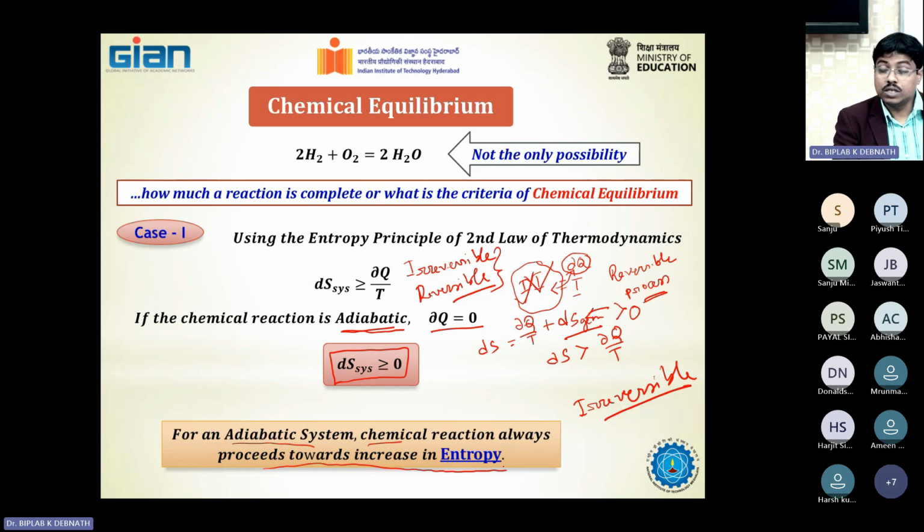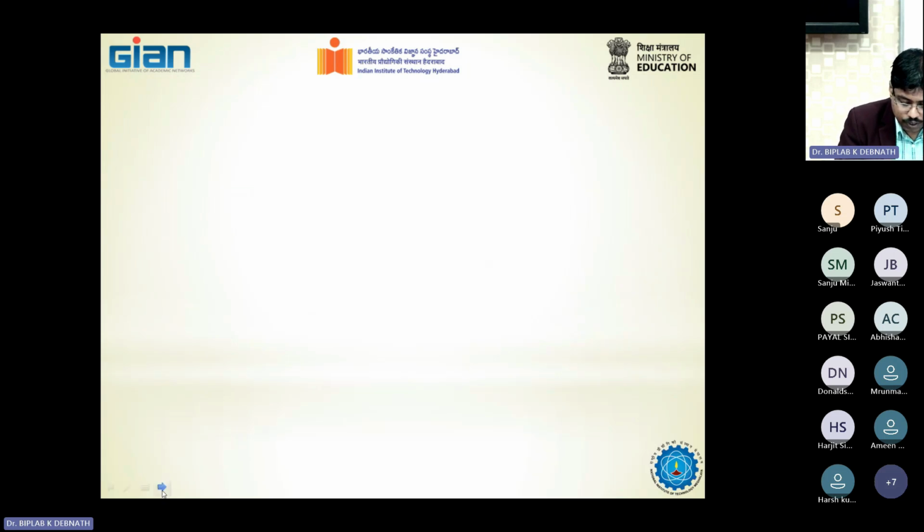If the change of entropy is not happening for an actual adiabatic chemical reaction, then the reaction may not be proceeding in the forward direction. This is very important, and that is how we can understand whether a chemical reaction is proceeding towards chemical equilibrium or not.